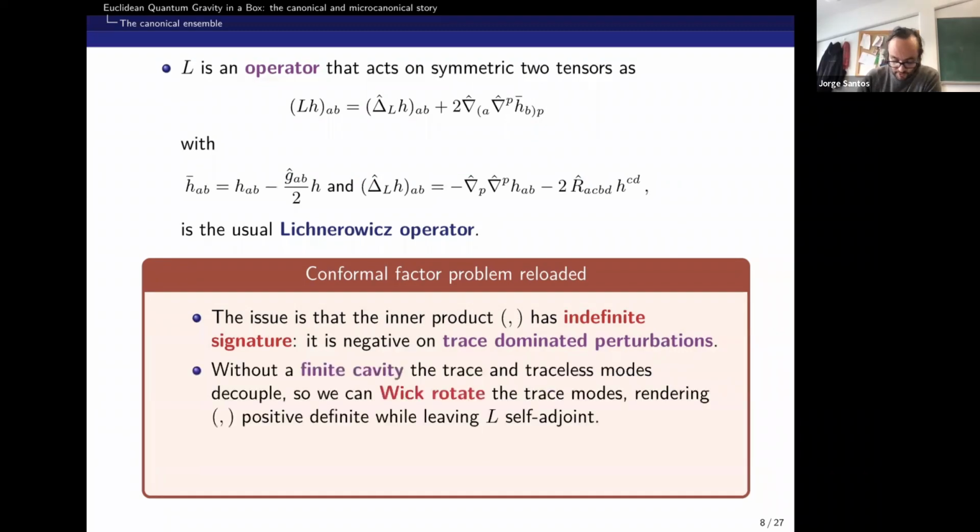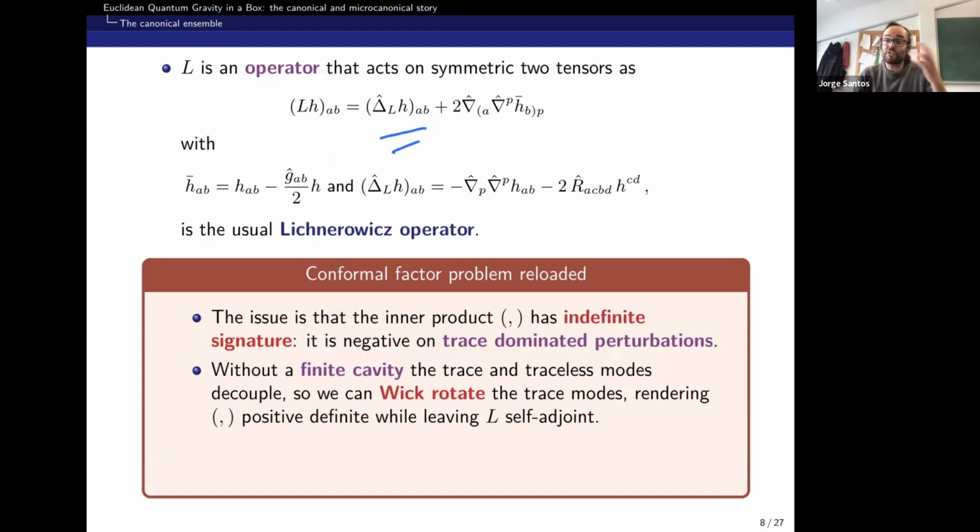There's an indefinite signature. Without a finite cavity, somewhere in the middle, the trace and the traceless modes decouple, okay? So we can Wick rotate the trace modes only. And if you Wick rotate just the trace modes, this metric actually becomes positive definite and leaves this operator here, L, self-adjoint.